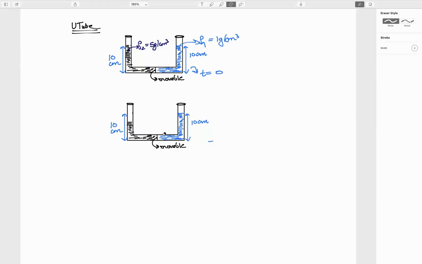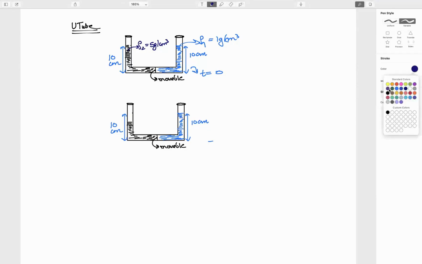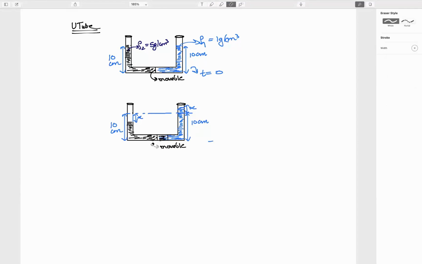It will shift here. This will go down and this will rise up. Let's say it shifts x, then this will also be x, and the boundary also shifts here.